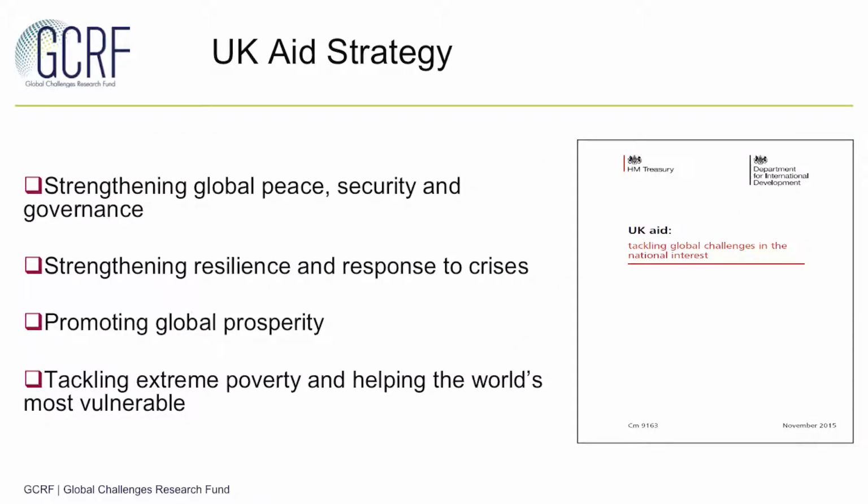One of the other frameworks that we've got is the UK aid strategy, which outlines a commitment in the UK to spend 0.7% of our GNI and signifies a shift away from a focus on DFID alone to a more truly cross-government commitment and a greater level of activity. One of the key aspects here is a clear focus on the poorest, most vulnerable and most underrepresented communities and countries.